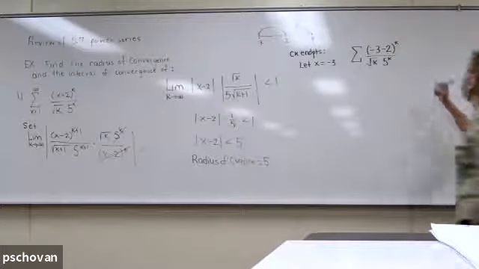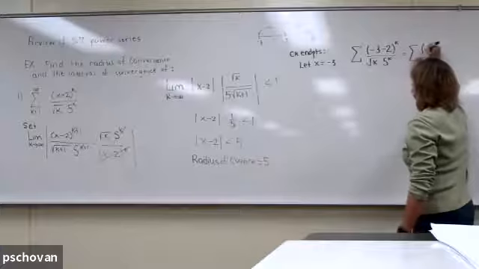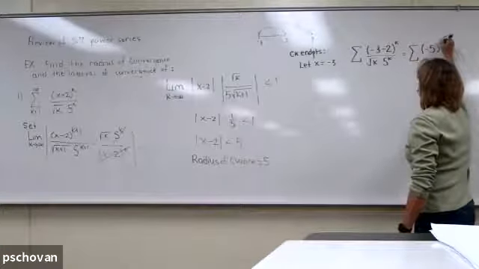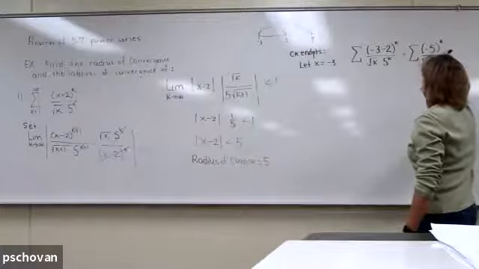And so that simplifies to (-5) to the k over the square root of k, 5 to the k.